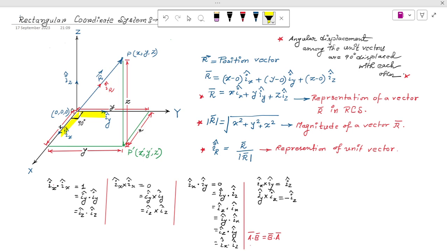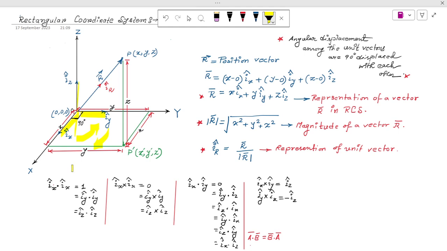When you see Ix cross Iy, you are moving in this direction, and then you will get your answer in the Iz direction. Similar way, when we multiply Iy cross Ix, we are moving in this direction. Again it is in the Iz direction, but here it will move in the downward direction.